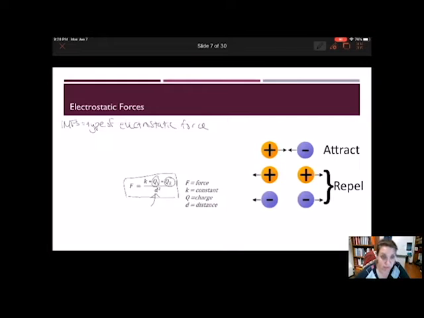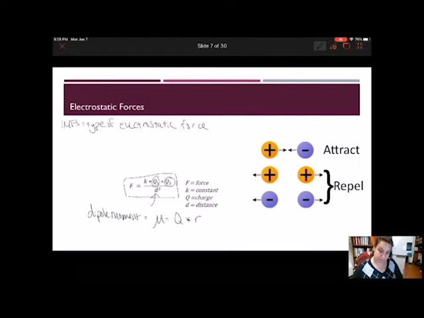This is not to be confused with the dipole moment, which is mu equal to Q times R, where the further the distribution of that charge, the greater the dipole moment.